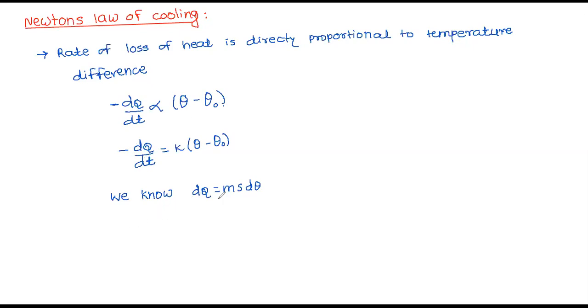So here let's substitute this dQ value. At the place of dQ, minus m s d theta divided by dt is equal to k into theta minus theta naught. Right? Okay.